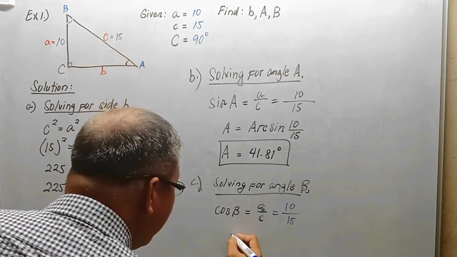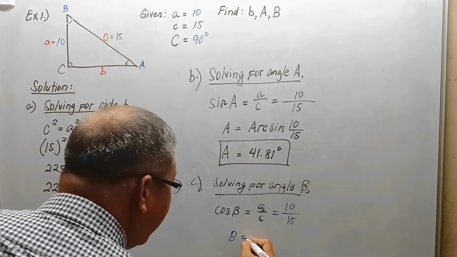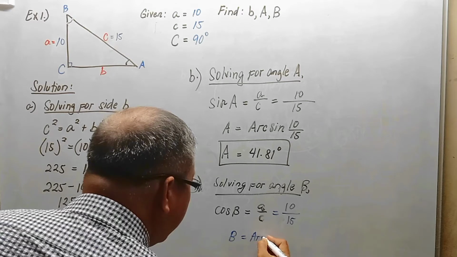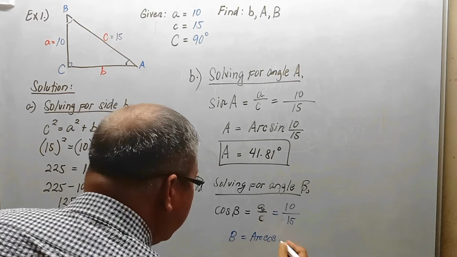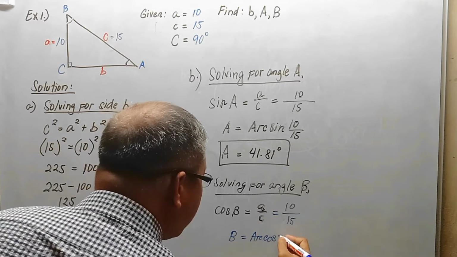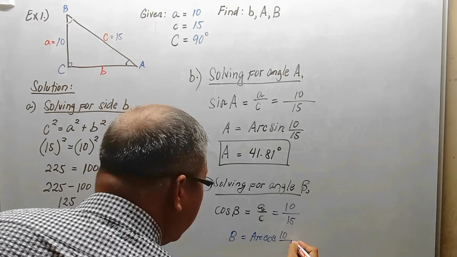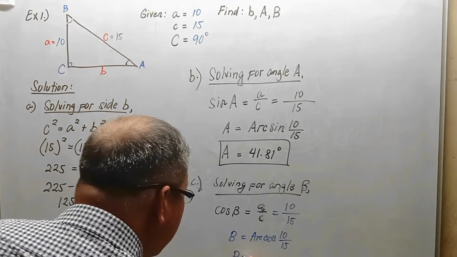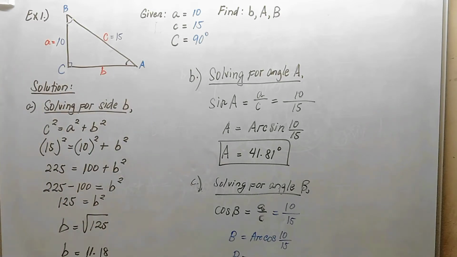So B will be inverse cosine or arc cosine of 10 over 15. So the angle of B is equal to, how much, guys?